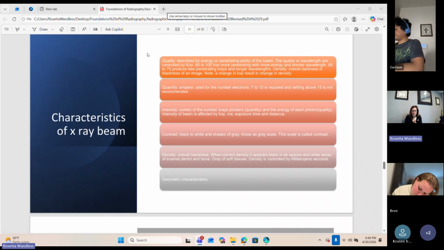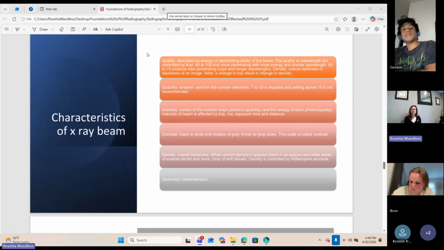So we need the correct setting, the correct time, and we want to make sure that our machine itself is set up, the settings are accurate so that we can control the quality of the picture. Quality meaning it's very diagnostic, okay? We can diagnose well with it. Everything's clear and crisp.